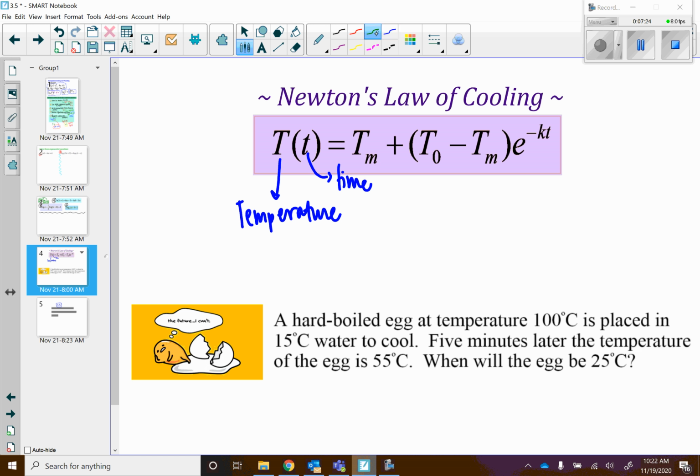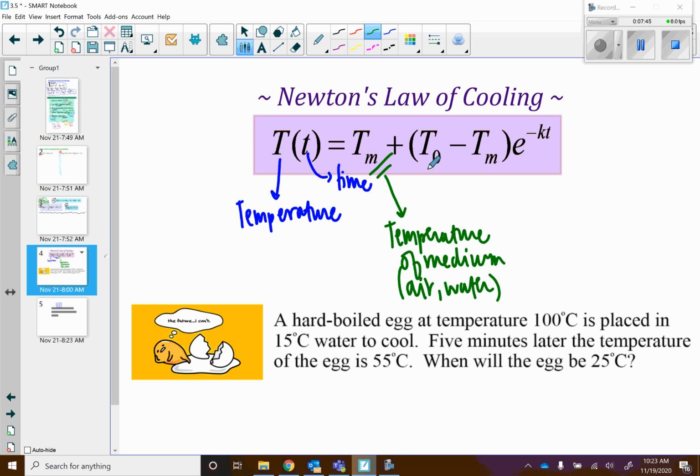T of m is the temperature of the medium, which means the temperature of the thing that the object is in. So this can either be air, it can be water.